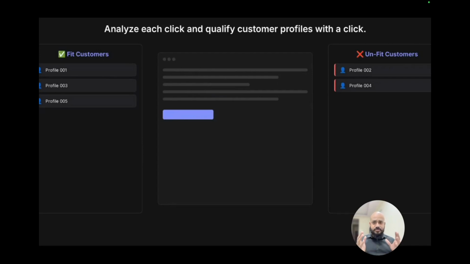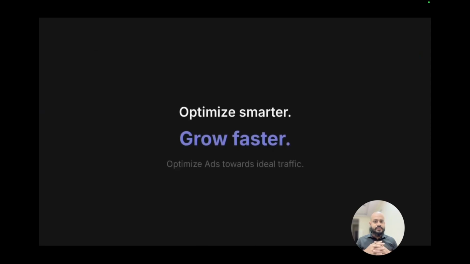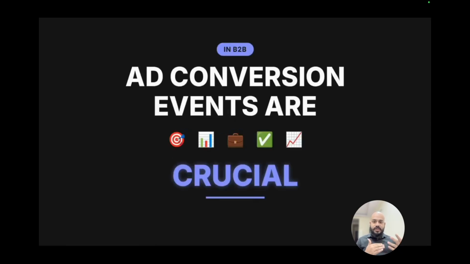The best part about this is that you don't even need to wait for lead form submits. All this happens with clicks, right? If a user visits the platform, we start identifying it, enriching his data to identify if they are an ideal customer or not. And basis the clicks data, you then go further and optimize your campaign.